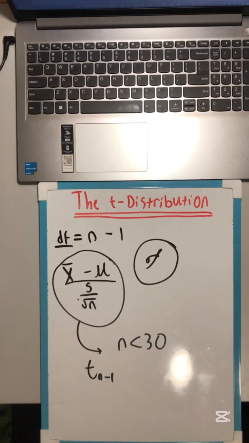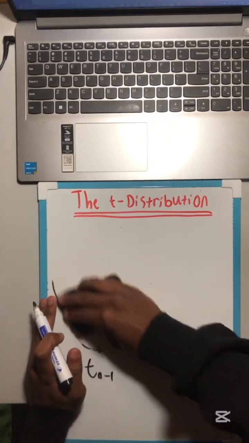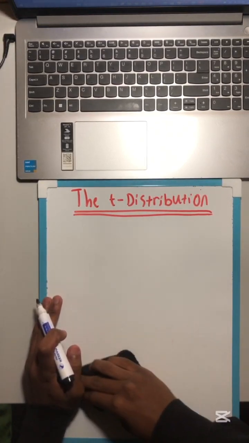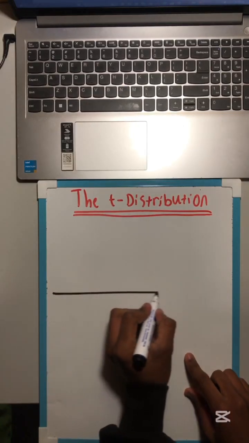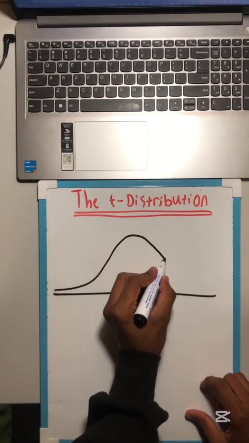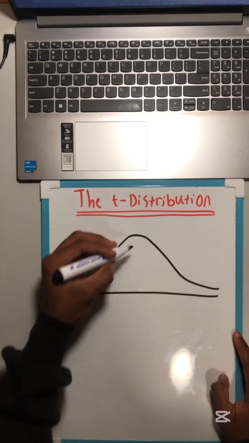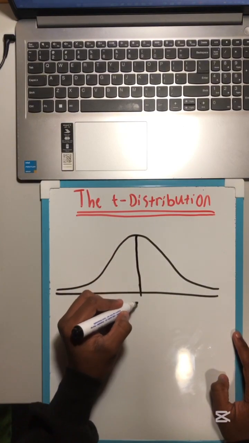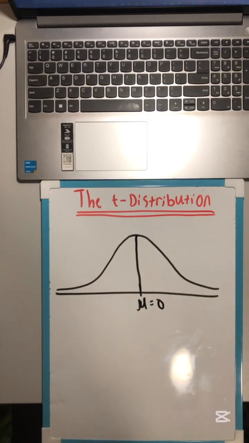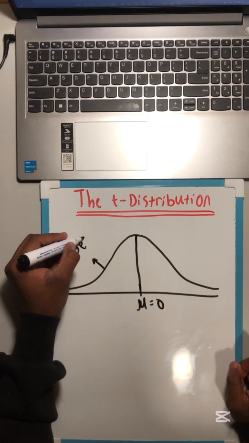The properties are quite similar to those of a normal distribution, like its shape and its symmetry. It looks like this: it is bell shaped just like the Z distribution, and it's symmetric about the mean, which is equal to 0. Same thing as a Z.